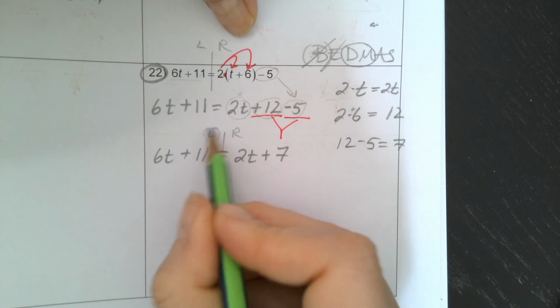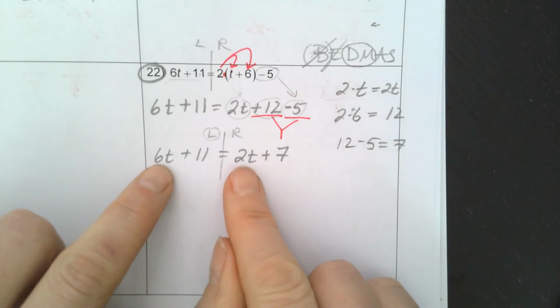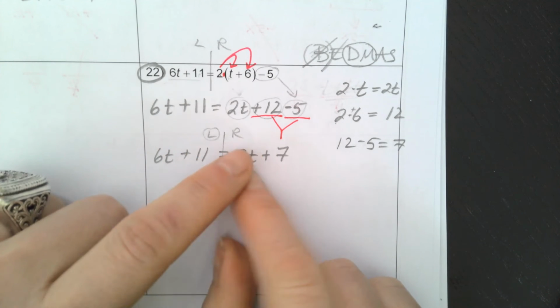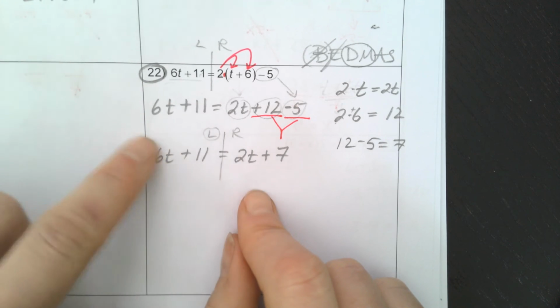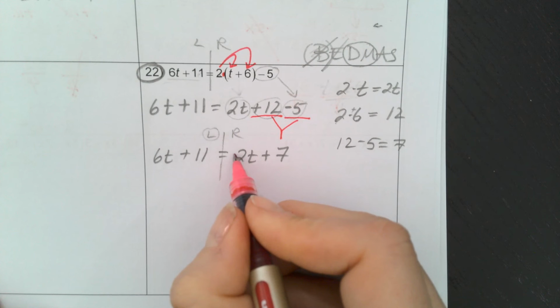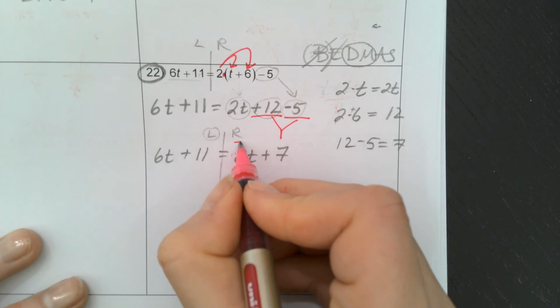We want our letters on the left. So we have a 6t and a 2t. The 6t is on the correct side. So we have to move the 2t over to the left because he has a letter, a variable. Here, there's nothing in front of the 2, so it means he's a positive 2. So I do the opposite, negative 2t.